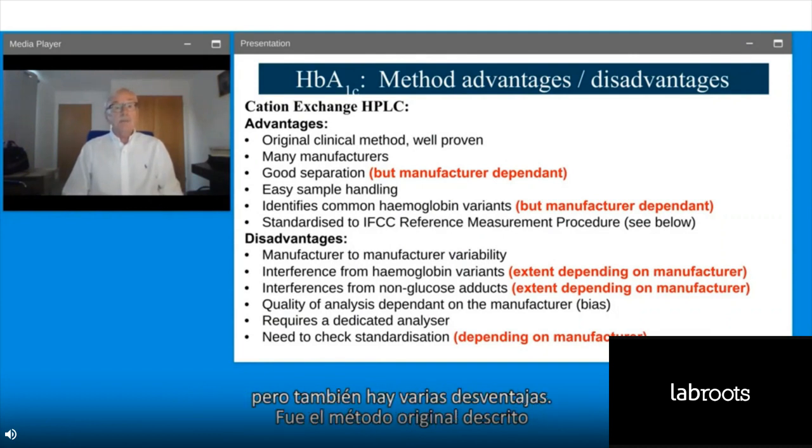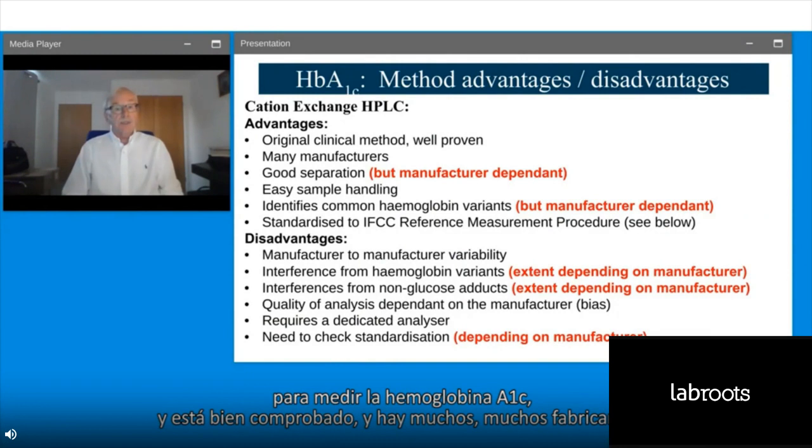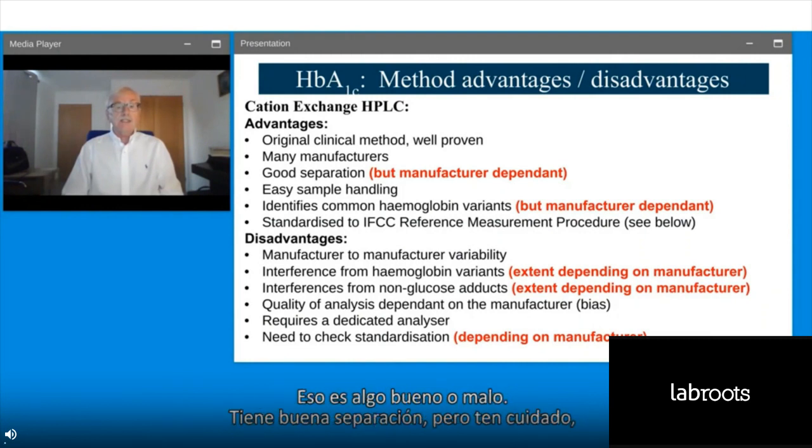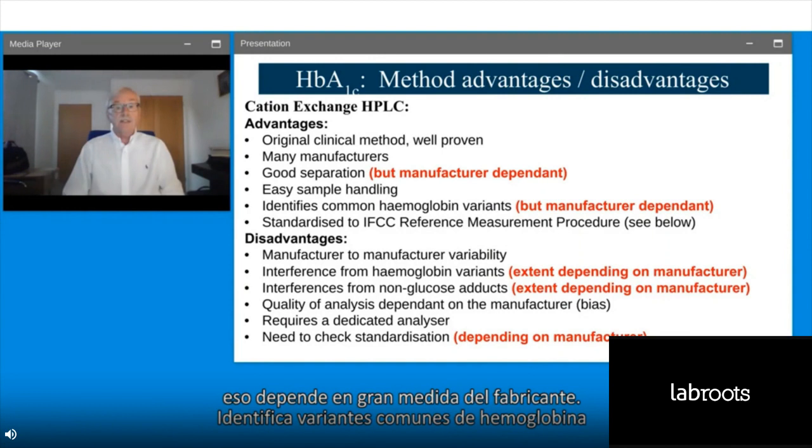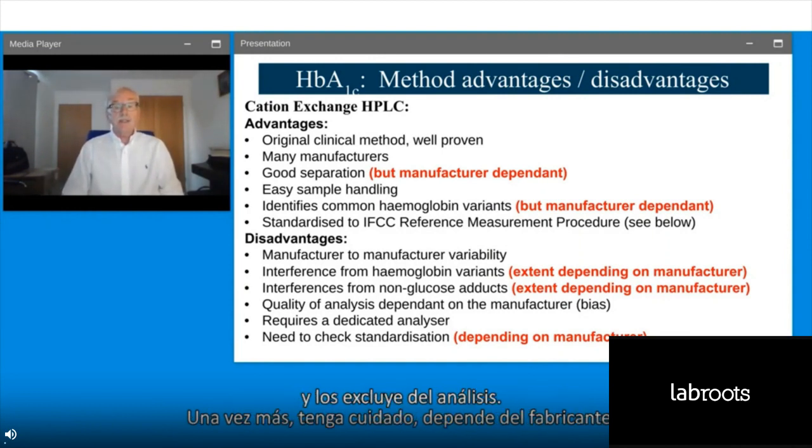It was the original method described for measuring hemoglobin A1C, and it is well proven. And there are many, many manufacturers. That is a good or a bad thing. It has good separation, but be careful, that is very much manufacturer dependent. It identifies common hemoglobin variants and excludes them from analysis. Again, be careful, it is manufacturer dependent.